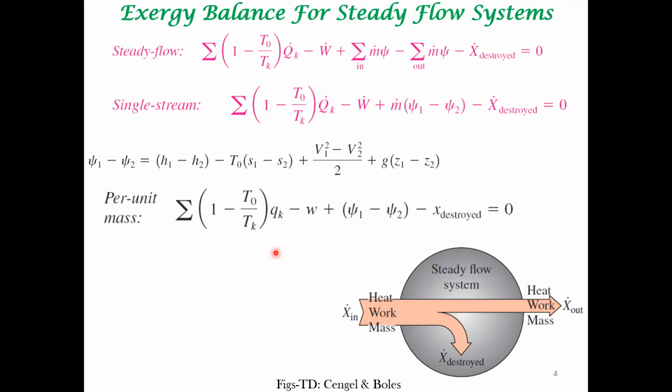If you have just the exergy changes because of heat interaction, work interaction, exergy that is coming inside the system, exergy that goes outside the system, and then exergy that is destroyed. Okay, so here this is the exergy that is coming in and exergy that is getting out of the system, right?